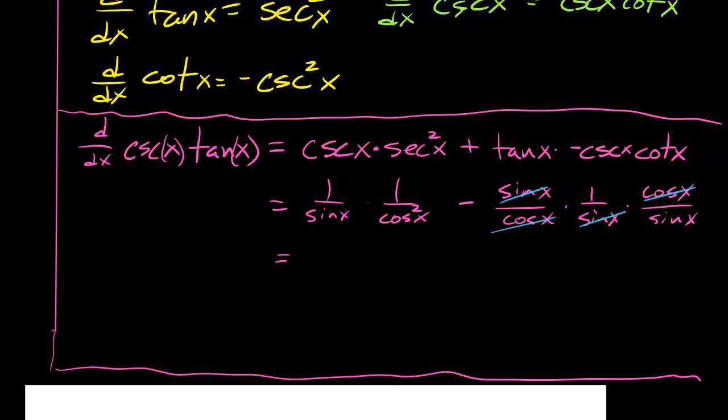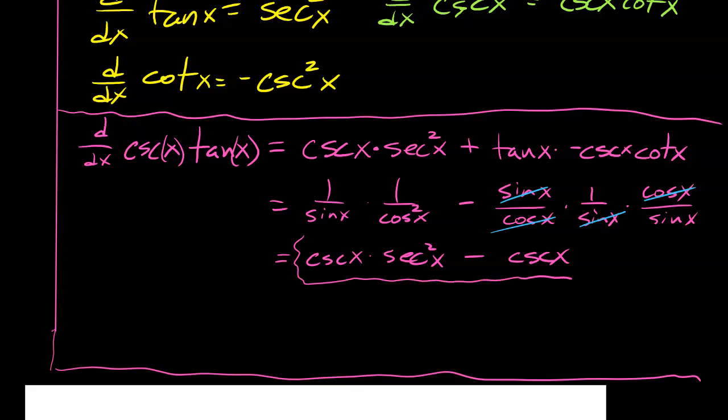I think what I'm going to do is just change everything back into proper form so that it's not sines and cosines. So this first one, nothing happens, so I'm just going to leave it the way it was. The second one, the only thing remaining is sine on the denominator, which would be cosecant squared, cosecant. This would be an acceptable answer. It would also be an acceptable answer to factor out cosecant.